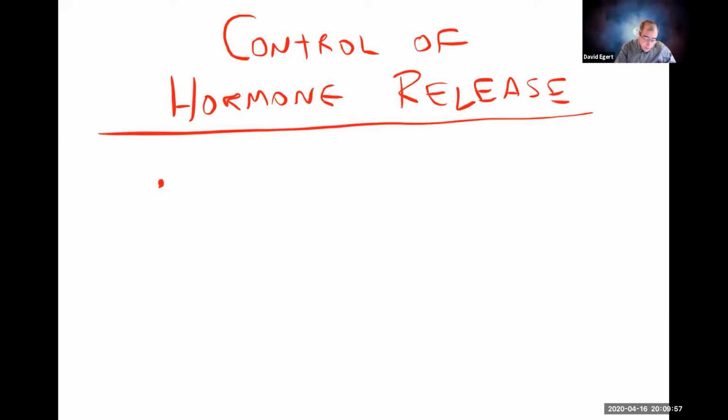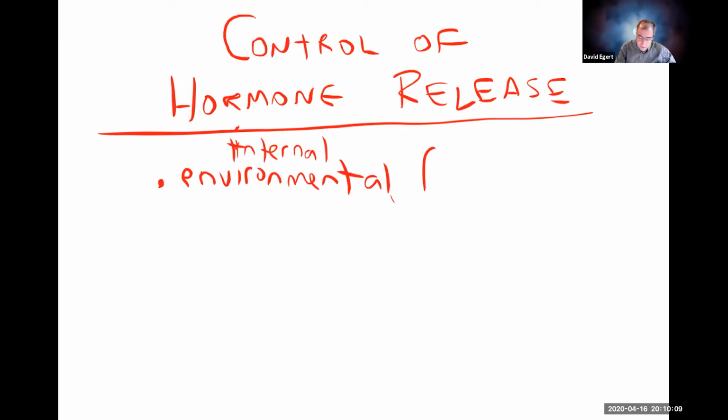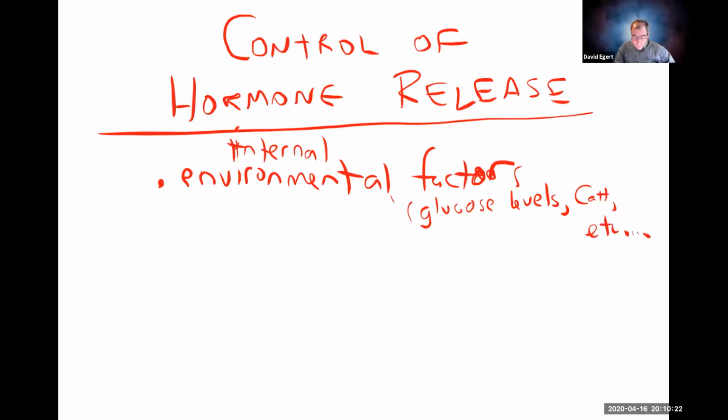So one, it can just be environmental factors. I should say internal environmental factors, like glucose levels, calcium, etc. If you have glucose going up in your bloodstream, that's going to trigger the release of insulin, which tells cells that there's sugar to take up.